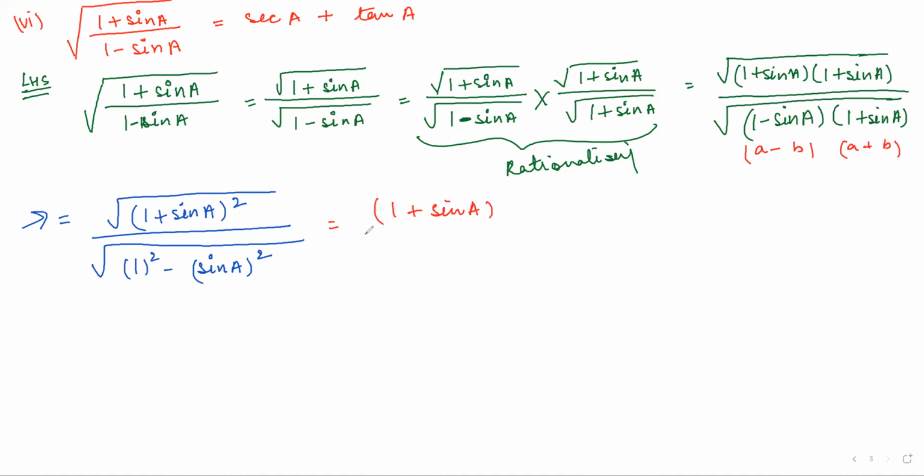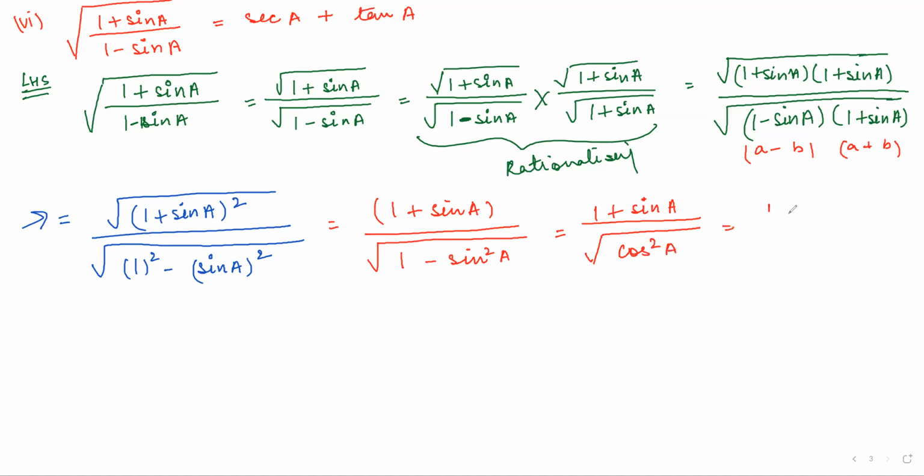Okay. Then here I can write 1 square minus sine square A. So 1 plus sine A divided by square root. Now from the identity, 1 minus sine square A will become cos square A. So it will become 1 plus sine A divided by, square and square root get cancelled out, so cos A will remain.